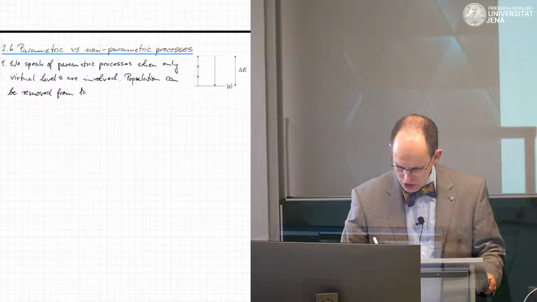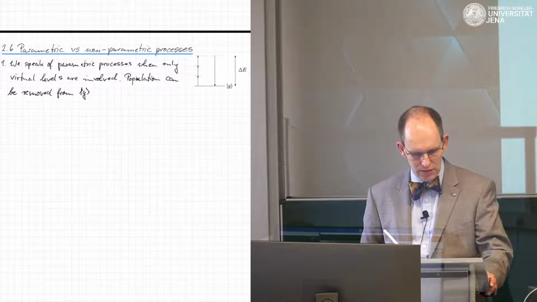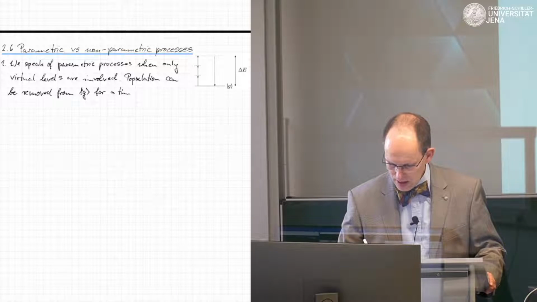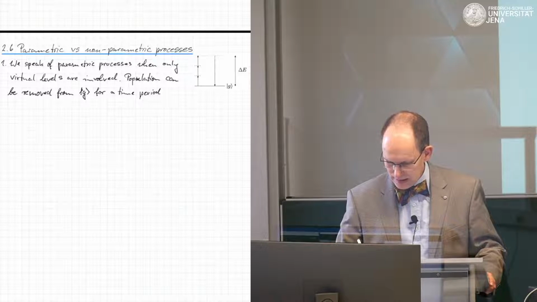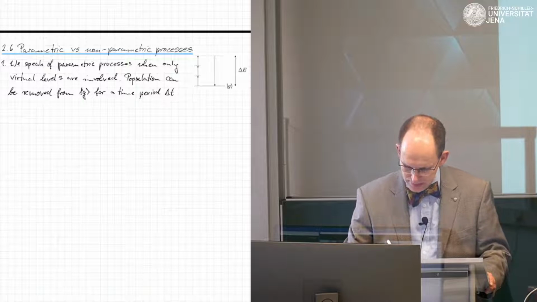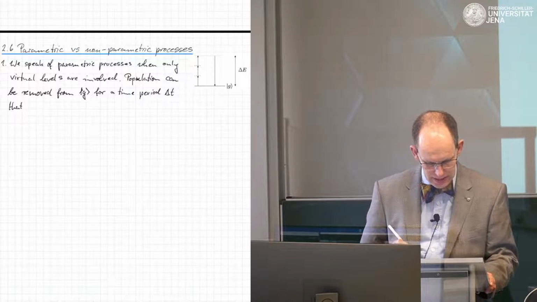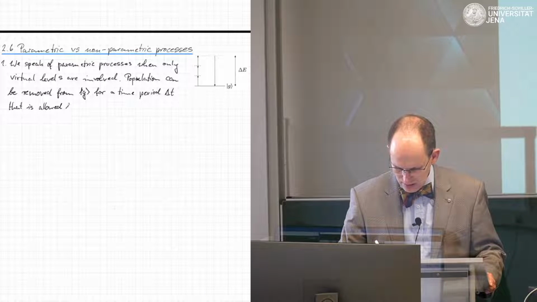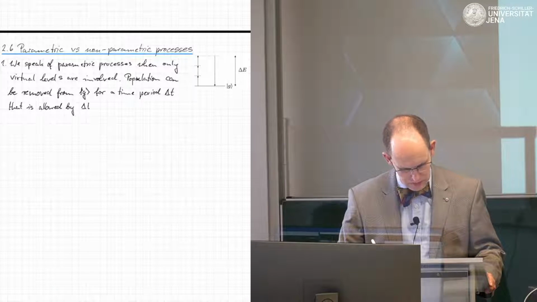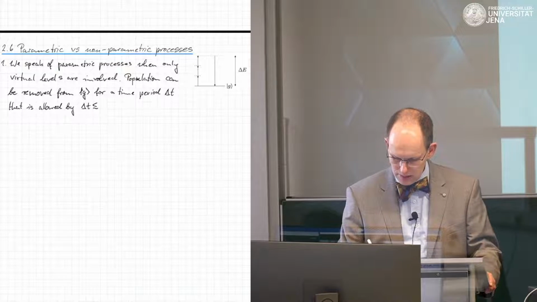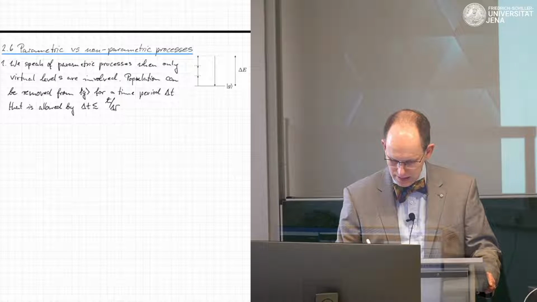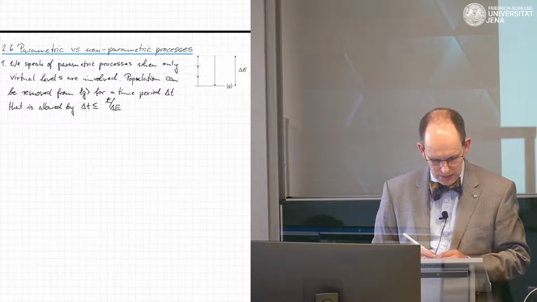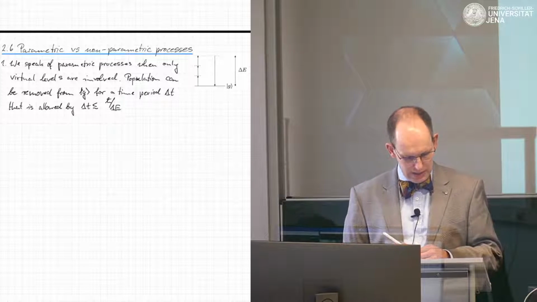I write it as G in this bracket notation for a time period that we call delta t, that is allowed by the uncertainty principle, meaning the delta t is smaller than approximately h bar divided by delta E. And you see here in this sketch what delta E is.